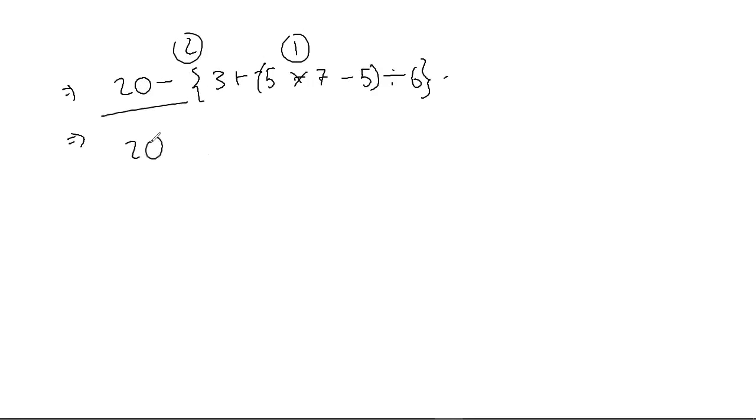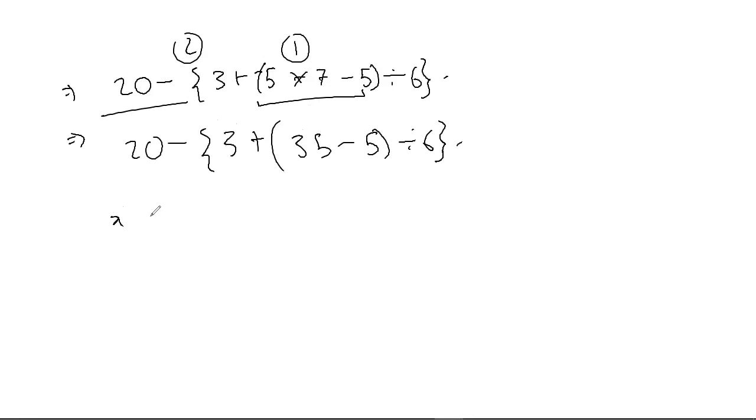So first we'll solve the round bracket part, and in the round bracket part, according to the Bodmas rule, you should solve division first, multiplication secondly. So we'll do that, and then finally, to simplify the round bracket, we'll just subtract and we'll get the answer 30.